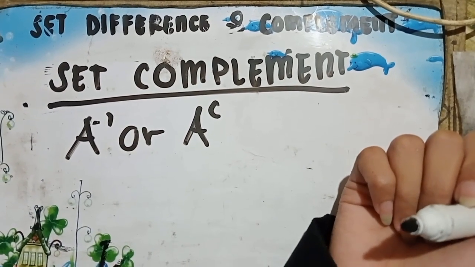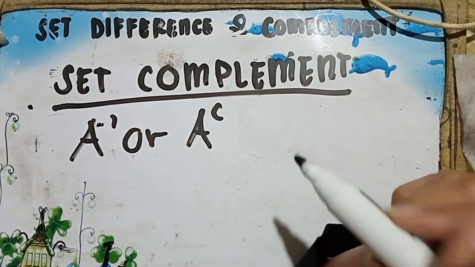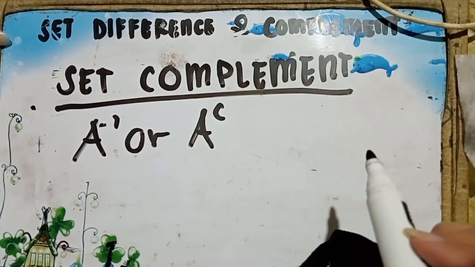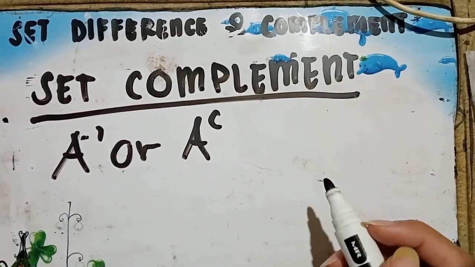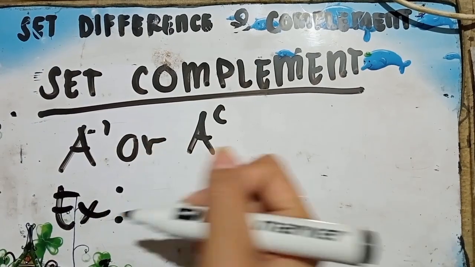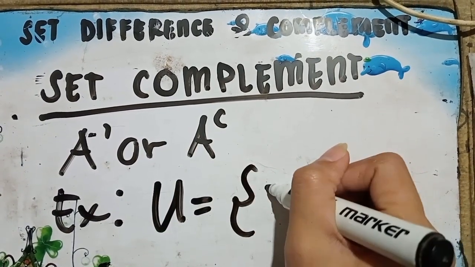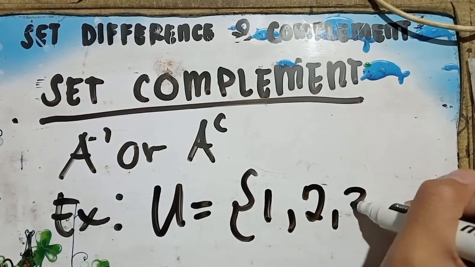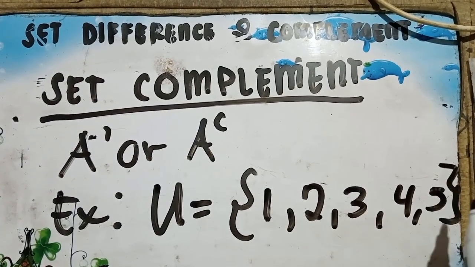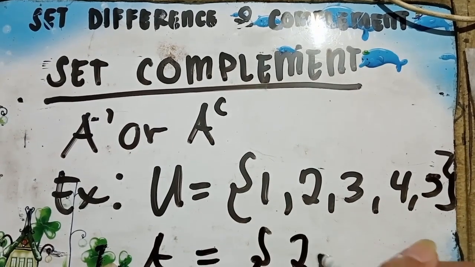The set complement contains all elements in the universal set, denoted as U, that are not in A. So example, our universal set is 1, 2, 3, 4, and 5, and our set A is 2 and 4.